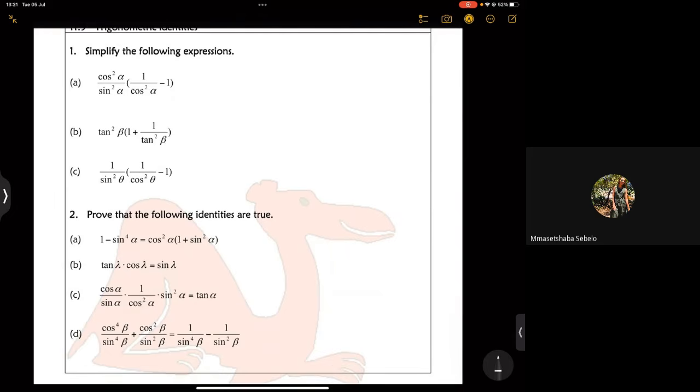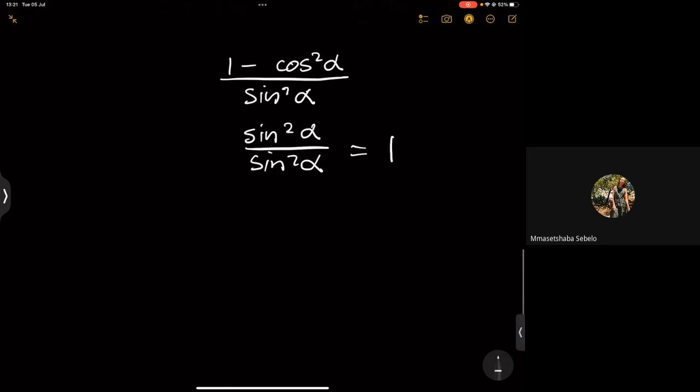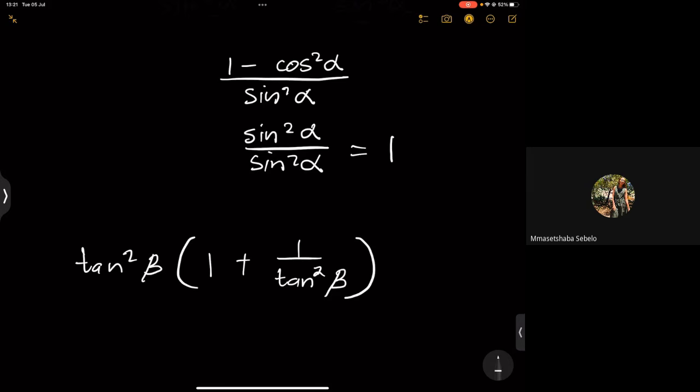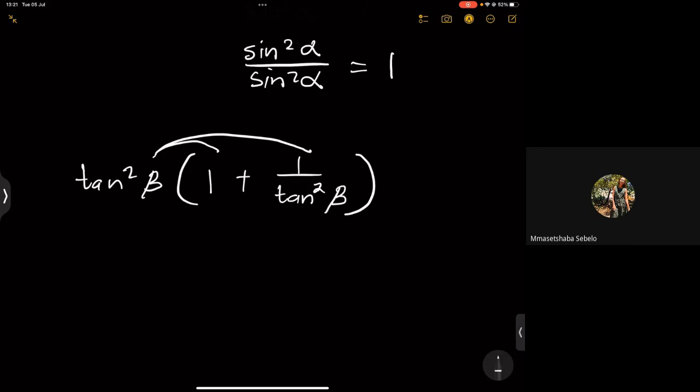We've got tan squared of beta times (1 plus 1 over tan squared of beta). Now, it's really up to you. We said we change everything into sine and cos, but in this case, what I'm going to do first is just multiply into the bracket.